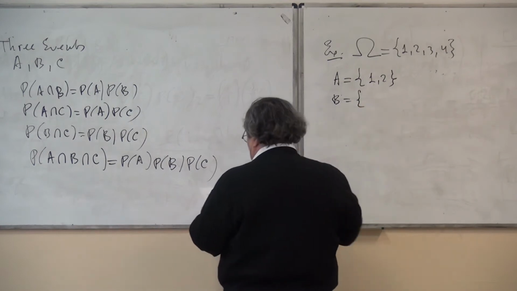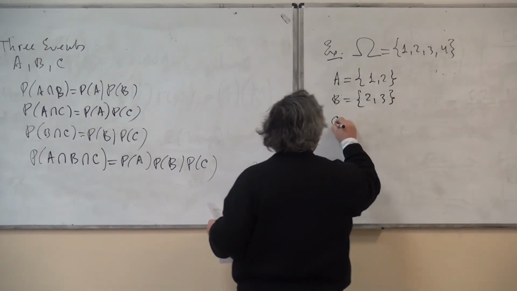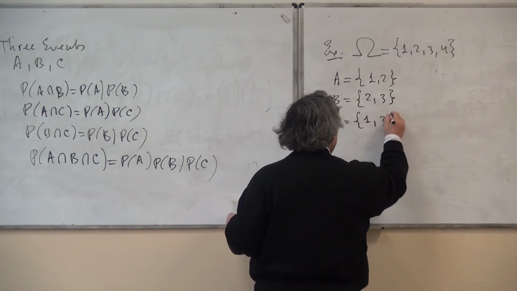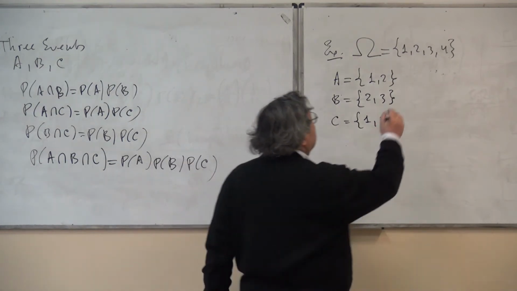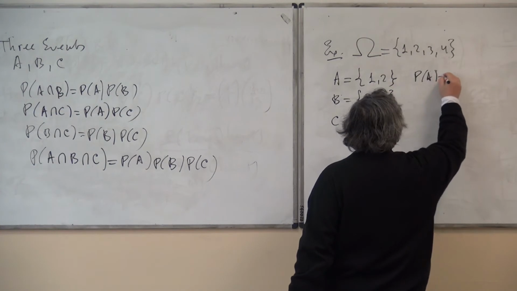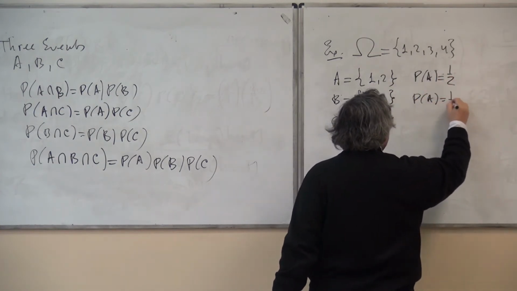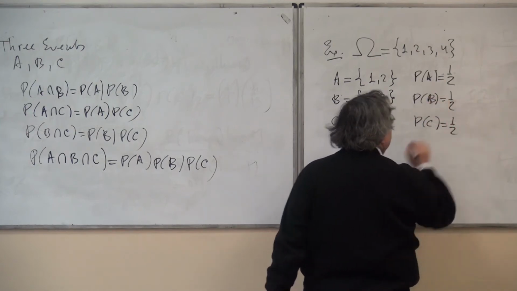B is the event that it's 2 or 3, and C is the event that it's 1 or 3. What are the probabilities? The probability of A equals 1/2, and this is also 1/2, and this is also 1/2.